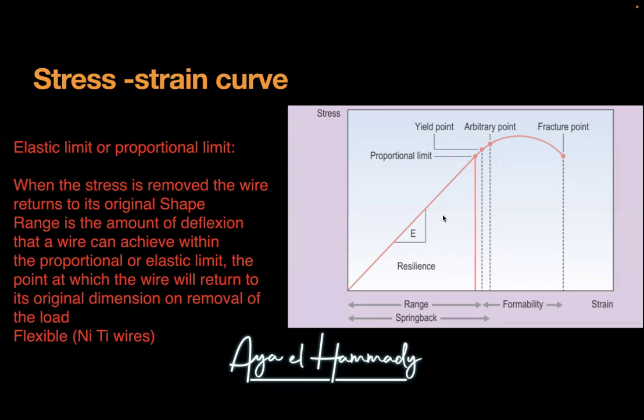So it is the elastic limit or proportional limit, the releasing of a stored amount of energy to get back to the original shape. Like what? Like the nickel-titanium archwire. Is it clear? Yes. Excellent. So this is the elastic part or proportional limit.